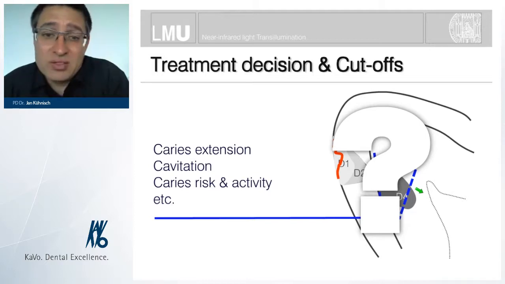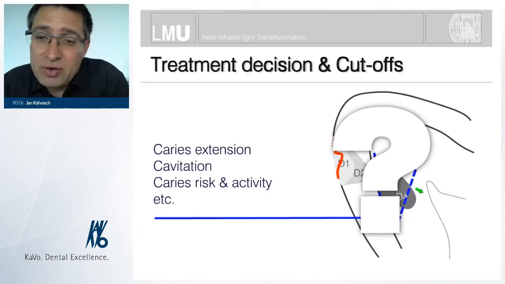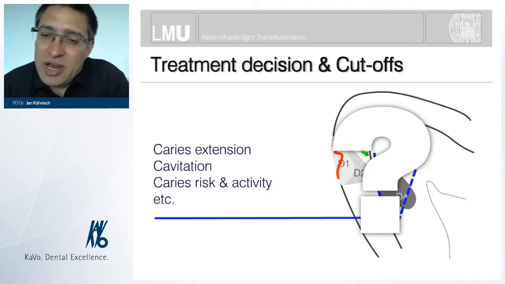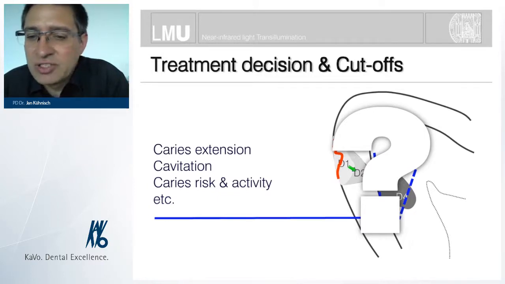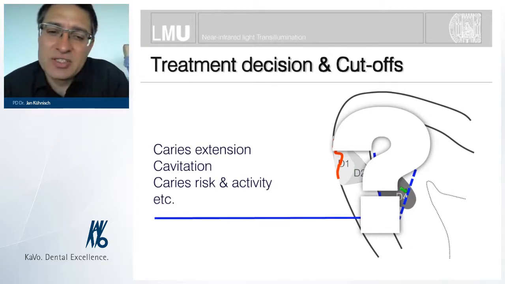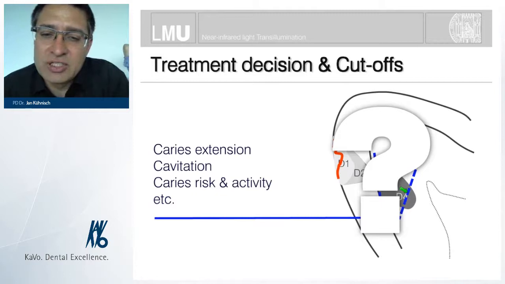But where the cutoff is, if we would like to stage the caries: D1 and D2 lesions, it is definitely not the part for restorative dentistry. But if we are going deeper and deeper, then the necessity for dental restoration will increase, definitely.